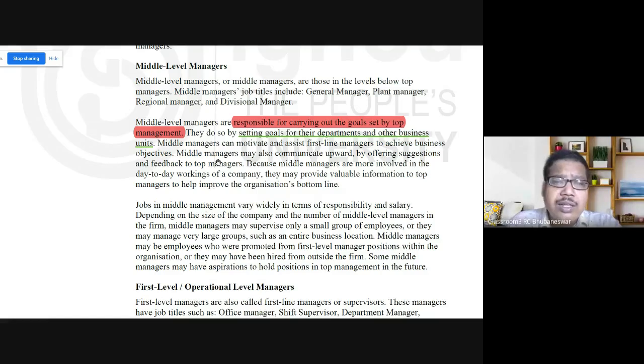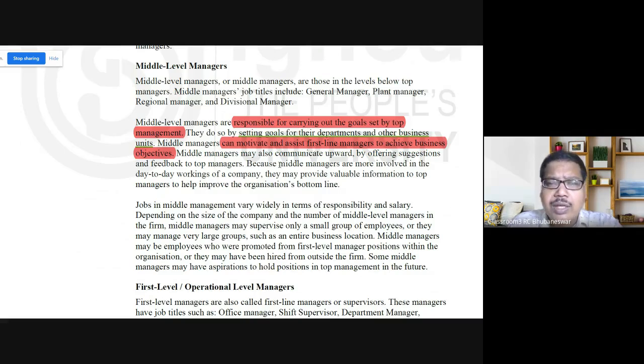They motivate, they assist, and they fulfill the requirements of their team members and try to meet the goal. So middle level managers are involved in the day to day working.